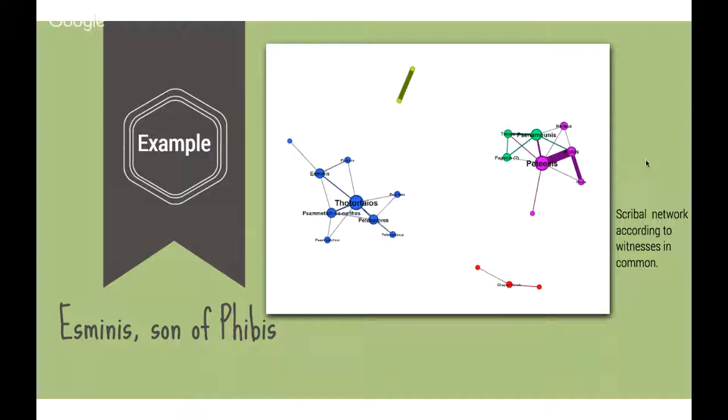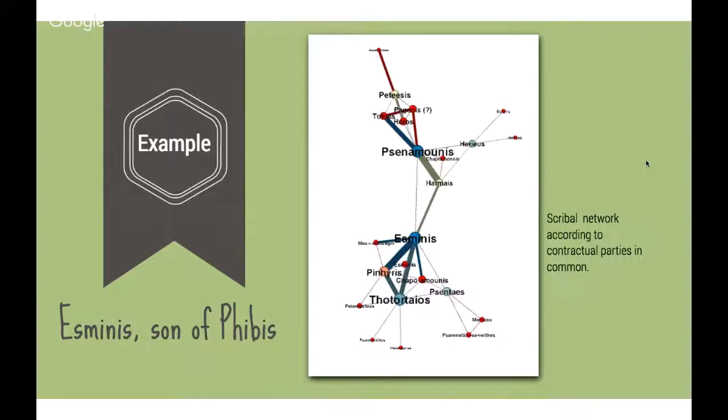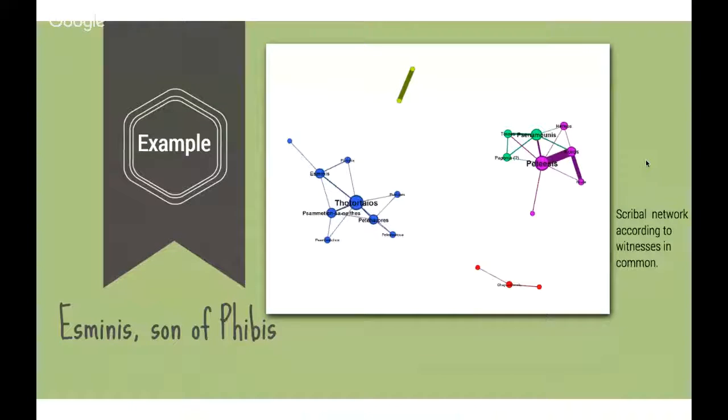Mostly the same people are still connected as in the previous network, although some changes have definitely happened. So it's not as straightforward that we can just say, oh, well, if people work together probably as scribes in a notary, then they also chose the same witnesses. So witnesses are just connected in a way as professional people to a notary. It doesn't seem that straightforward.